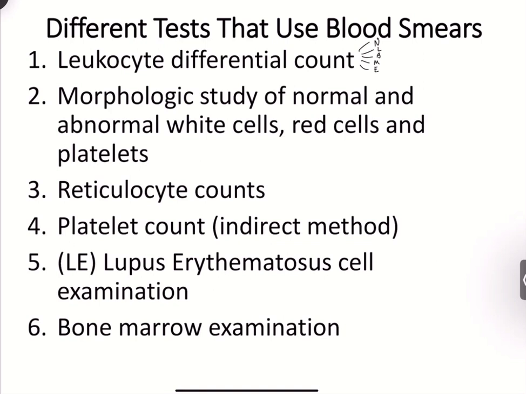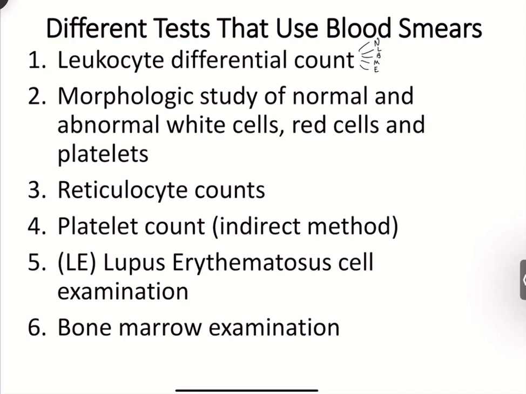Next, the blood smear can also assess normal and abnormal cell shape and size. Like microcytes can be seen, macrocytes, large platelets. Immature blood cells can also be seen in blood smears.